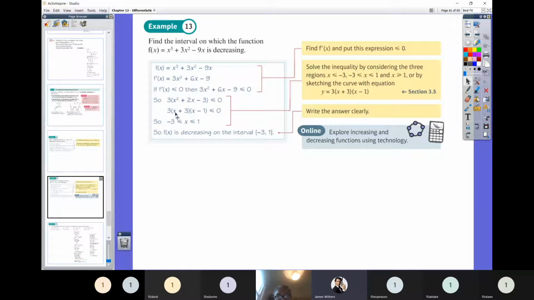Now just think about these brackets here. When x is greater than or equal to -3 or less than or equal to 1. So let's just think about that. We've got to think about the three different regions. So I think I might just do a quick sketch here to help me gather my thoughts.